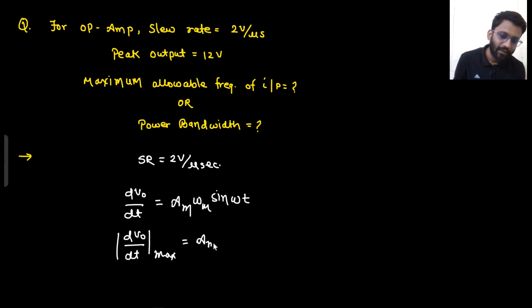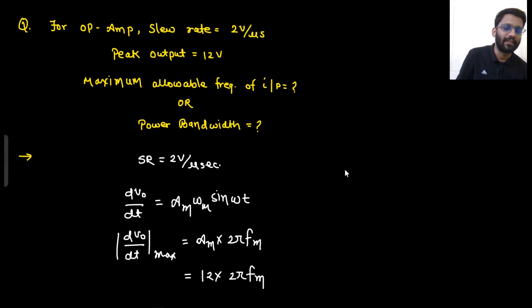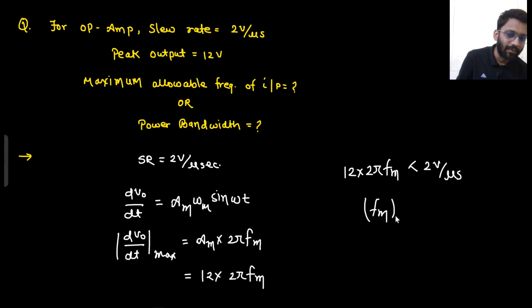That would be AM into 2 pi Fm, right? My peak output voltage is 12 volt, into 2 pi Fm. Power bandwidth or the maximum allowable frequency I need to find. So I just need to equate it to the slew rate, or I can say that this should be lesser than the slew rate, 2 volt per microsecond. So Fm maximum would be 2 volt per microsecond.